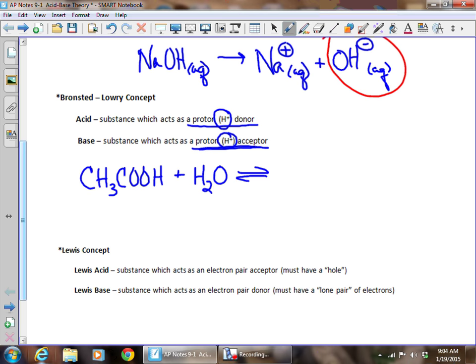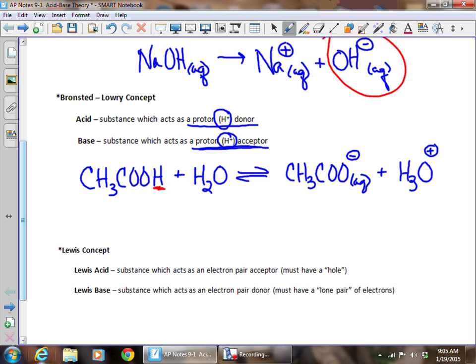So that acetic acid is going to donate a proton, and the acidic hydrogen in any organic acid that ends with that COOH is going to be that end hydrogen. That's one that's going to pop off, if you will. So we get CH3COO minus, and we get H3O plus. We donate that hydrogen to the water.